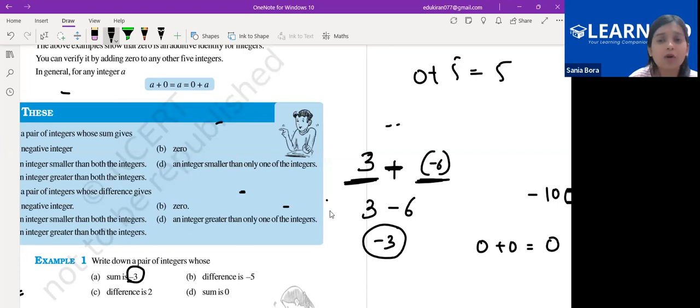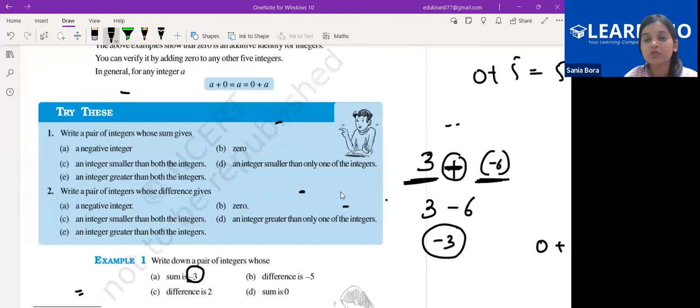You don't have to worry about that. The only thing is that you need to put plus here, and you can take any number. Clear? Got it? What about Ananya? You also got it?